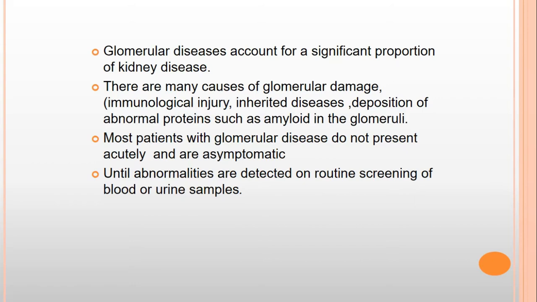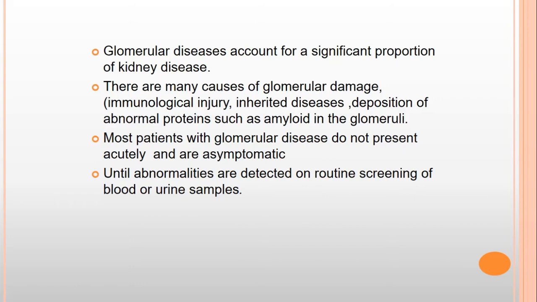There are many causes of glomerular damage. Immunological injuries and inherited diseases can also injure the glomeruli, as can deposition of abnormal proteins such as amyloid in the glomeruli, as we discussed in the nephrotic and nephritic syndromes. Most patients with glomerular disease do not present acutely and are asymptomatic.